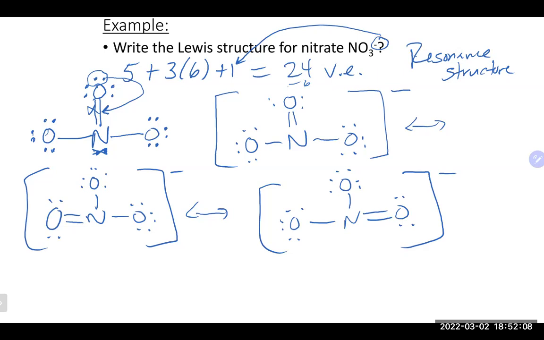The reason for that is when we bring in those double bond electrons, they're referred to as being delocalized. If I just draw everybody single bonded, those double bonded electrons in some cases may be at the top oxygen, but then they'll move over to the right oxygen and they may move over to the left oxygen.